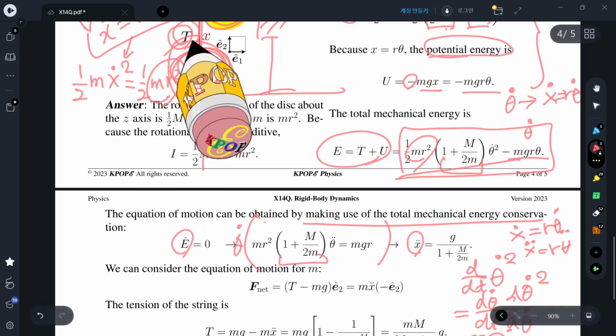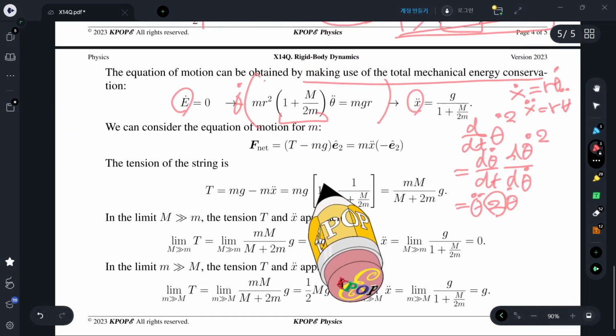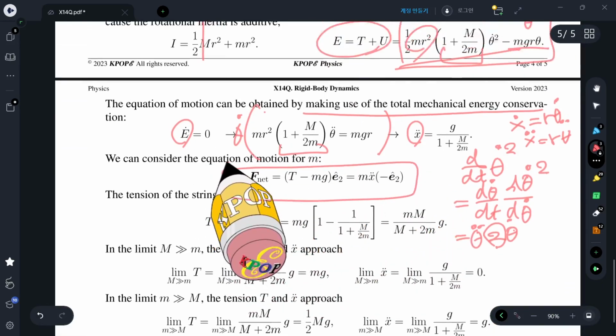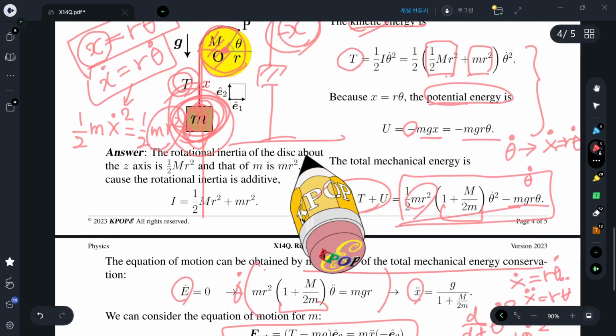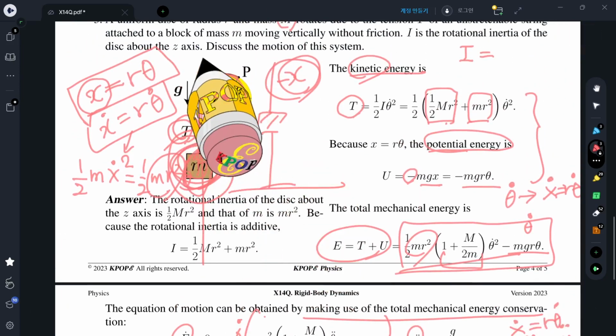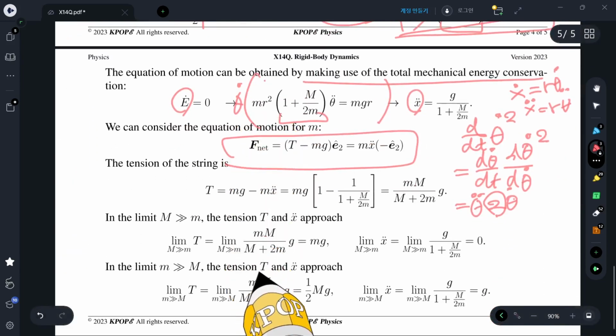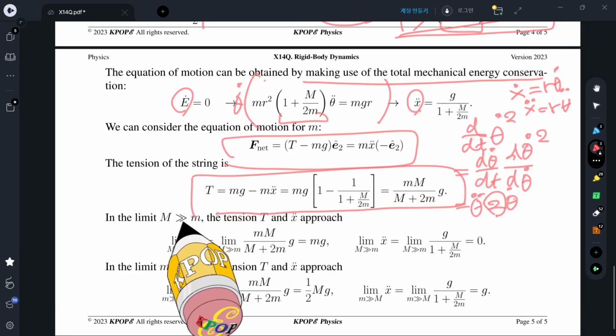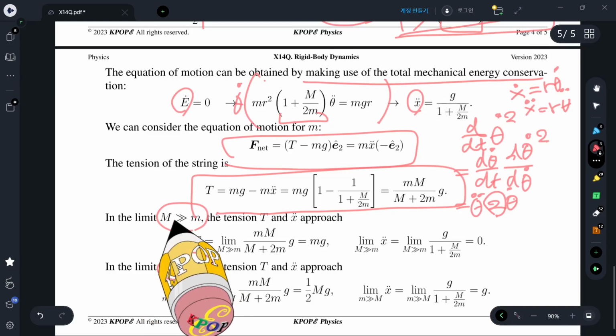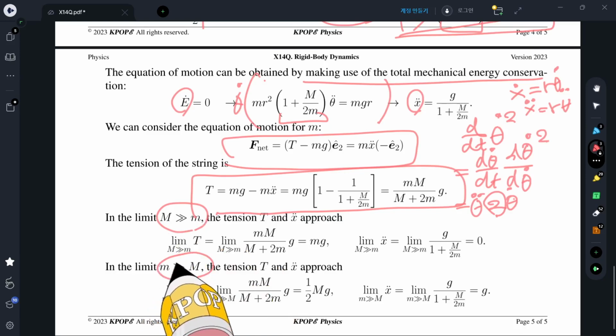Now we specify the tension and write down the equation of motion for a single block by making use of tension that is applied along the upward direction. Then we can solve the equation. Just like before, we can take the limit as capital M goes to infinity relative to small mass, or small mass goes to infinity relative to capital M, to find the special relationship.